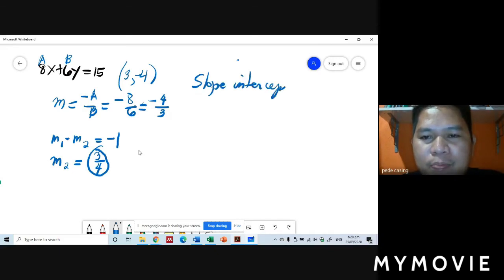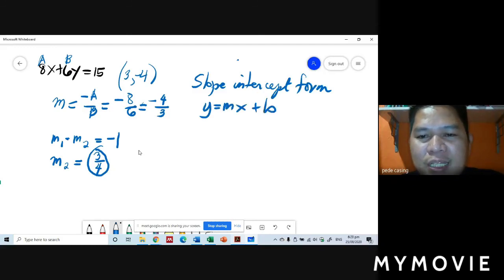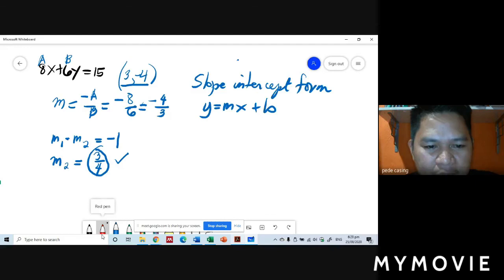Slope-intercept form. So for the slope-intercept form, we are going to have y = mx + b. So remember that our m is this one, 3/4. Our y, kaninga point, we are going to substitute. Okay, we'll write another color.